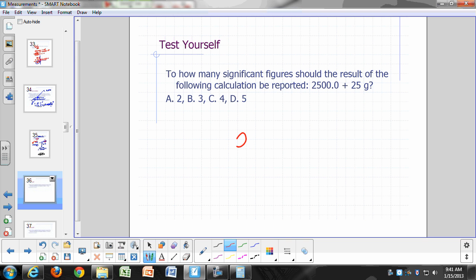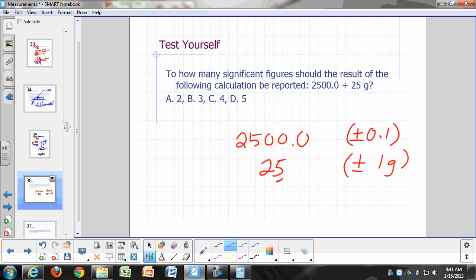The rule we follow is we look at the last decimal place in the least precise term. In 2500.0, the uncertainty here is at least plus or minus 0.1. In 25 grams, the uncertainty is at least plus or minus 1 gram. So this ones place is where we round off our answer to.